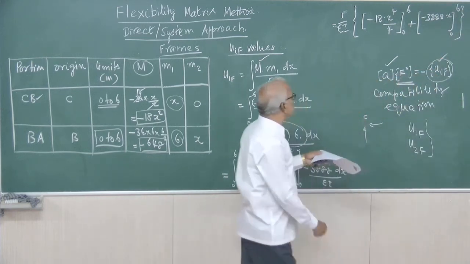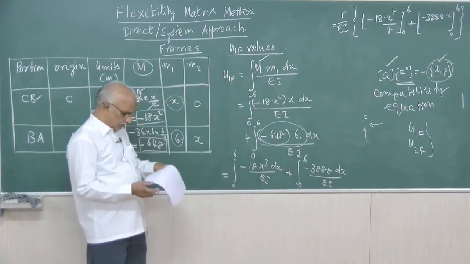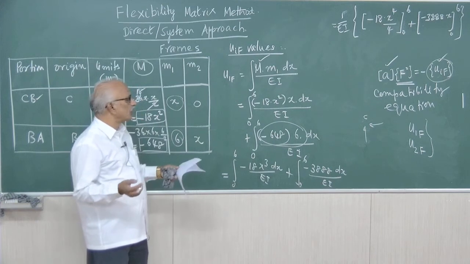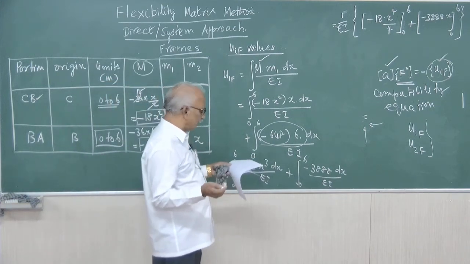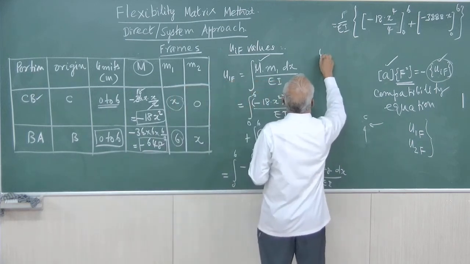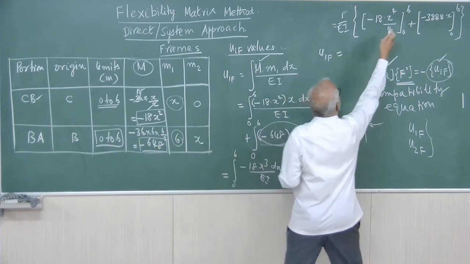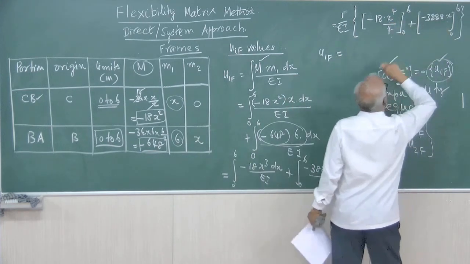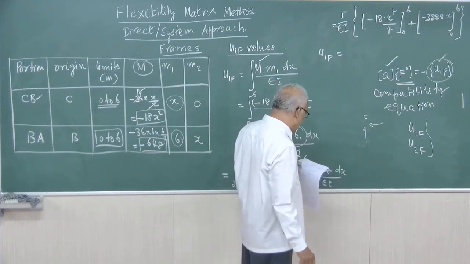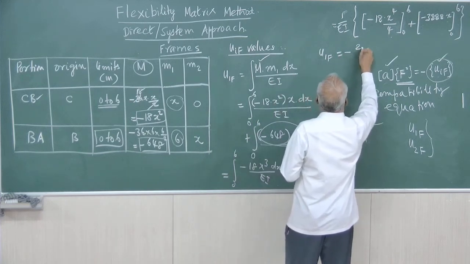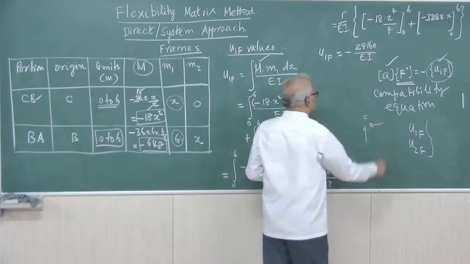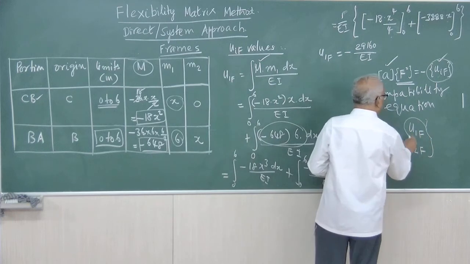When we substitute the limits, upper limit is 6, 18 into 6 to the power 4 by 4 minus, now that has become elementary, anyone can easily do it. I will just give you the final value. On substituting the upper and lower limits for both terms and simplifying, you will get U1F equal to minus 29,160 by EI. So we have got U1F.